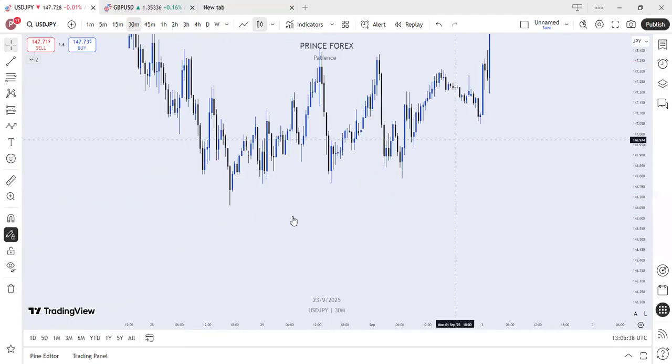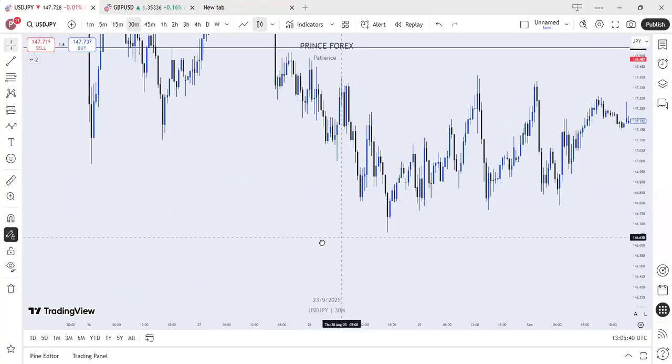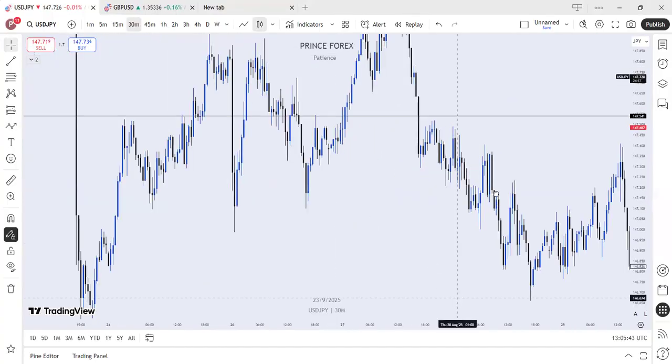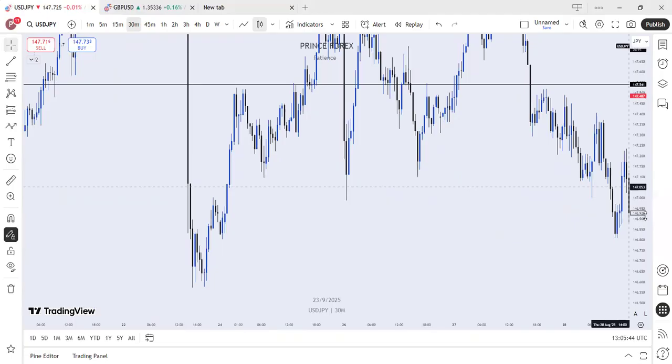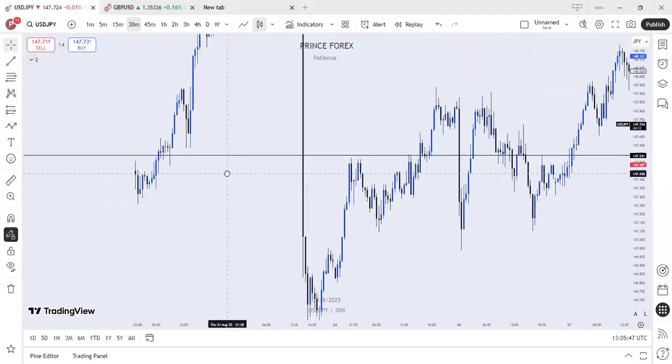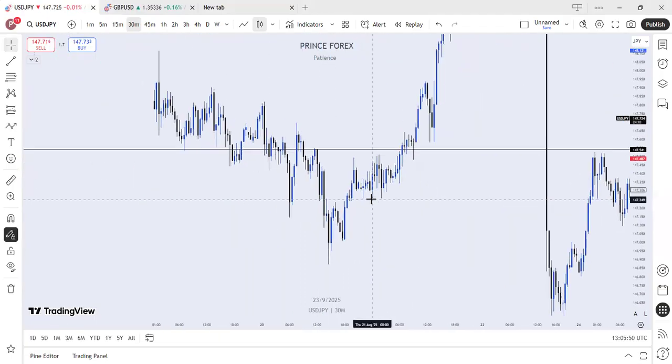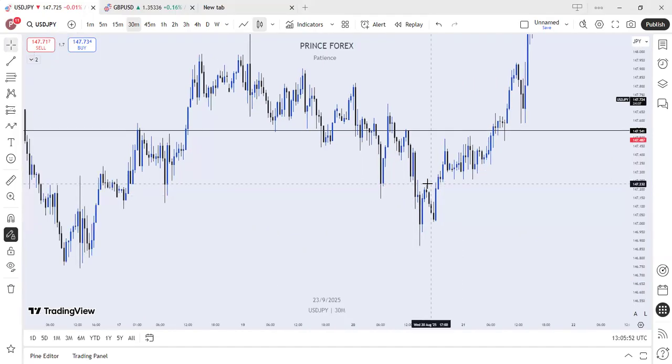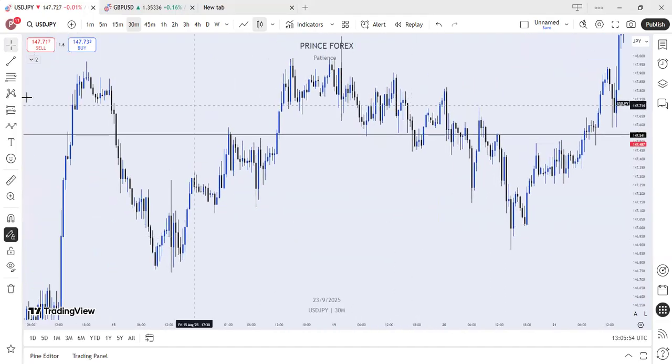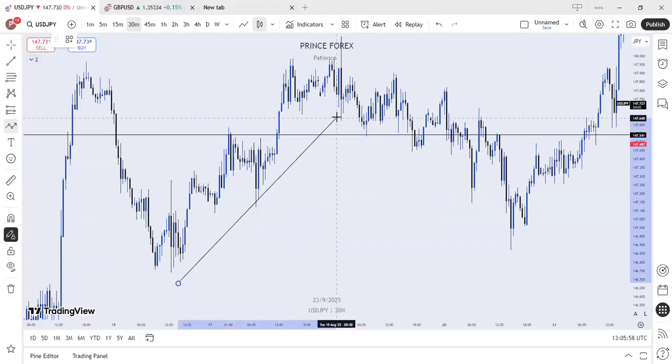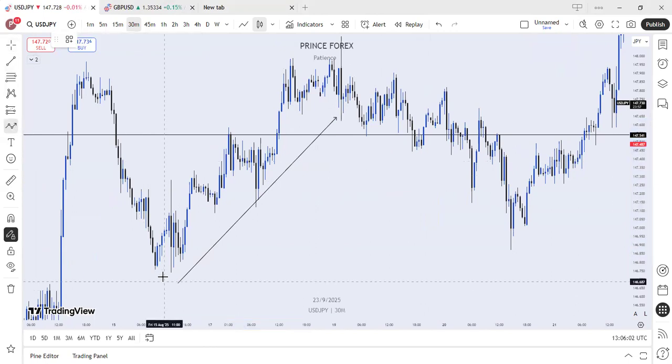Let me give you more examples for you to understand whatever I'm saying. All right. Let's give you, yes, this is a clear example here. So this particular move, price was in an uptrend. So this was what price was doing.